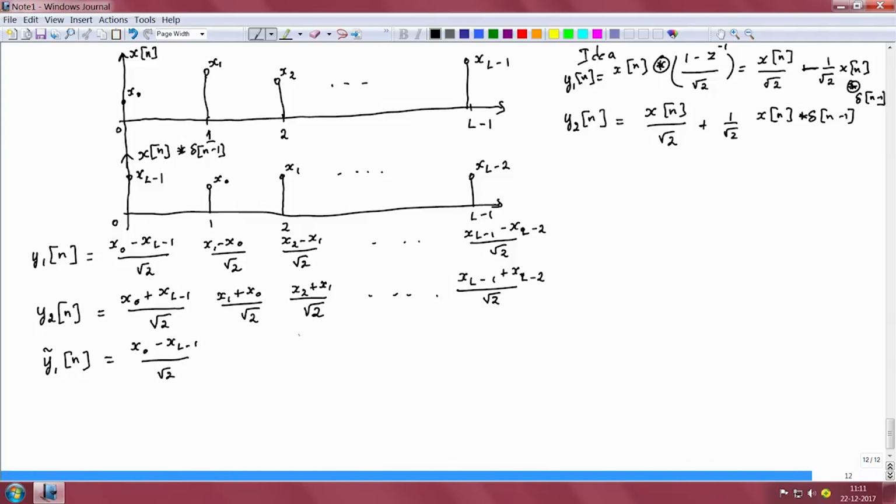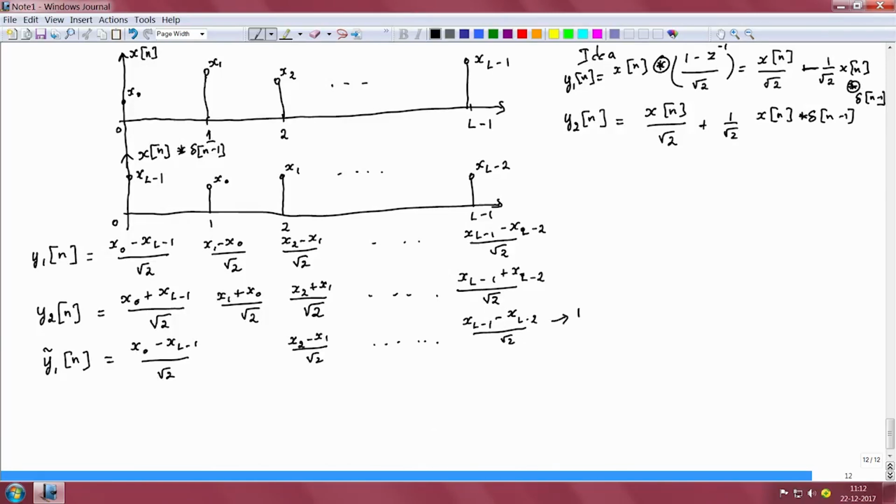So, this is kept, we have x2 minus x1 by root 2, and every alternate one is skipped, and the last one that will be left here would be x L minus 1 minus x L minus 2 by root 2.